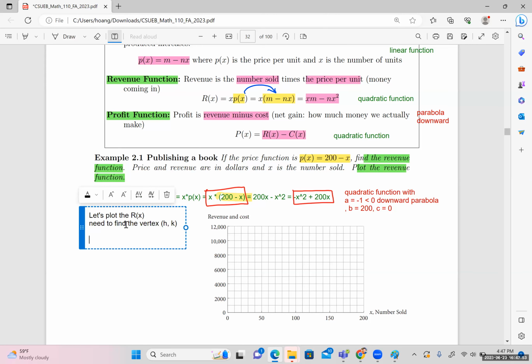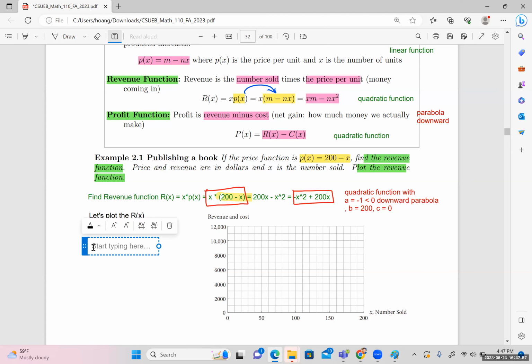And as you know, h will be equal to negative b over 2a. What is negative b? Negative b, so put down negative 200, and 2 times a, which was negative 1.